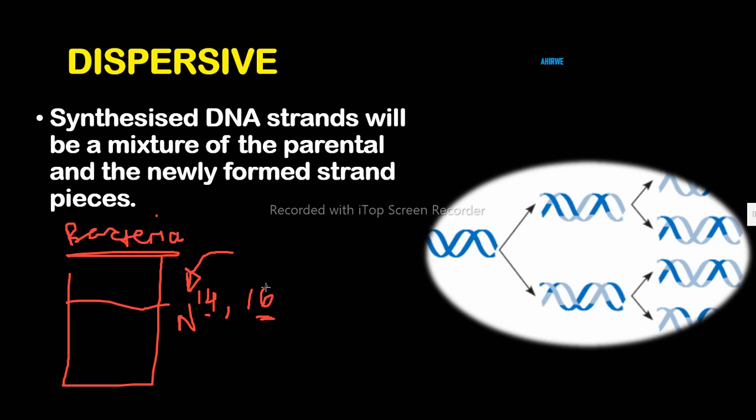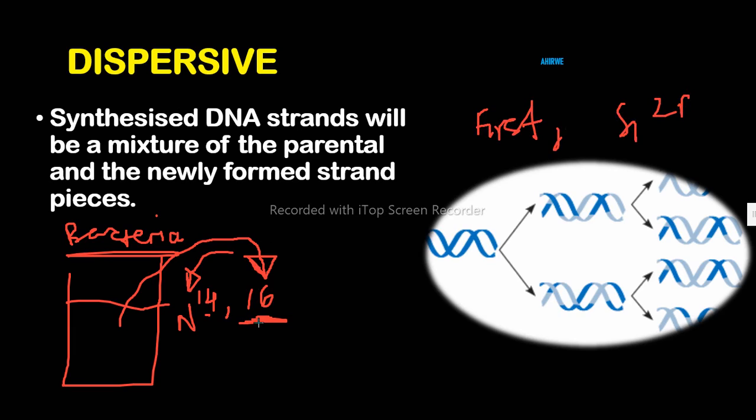Now after they have replicated, when you transfer these bacteria and you put them in a culture solution containing this other isotope, the organic bases with isotope 16, they will also replicate their DNA. Now there will be first replication and second replication.